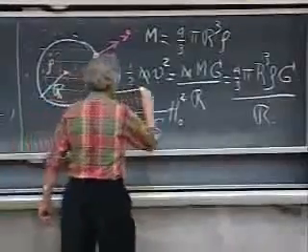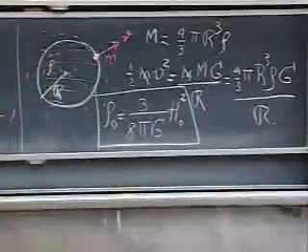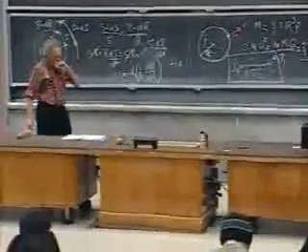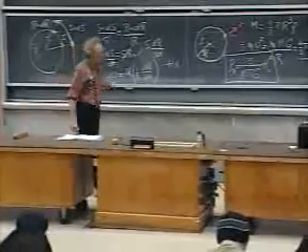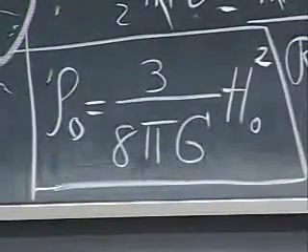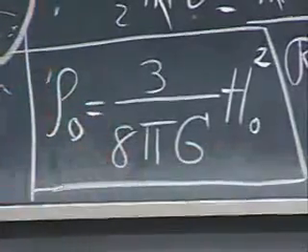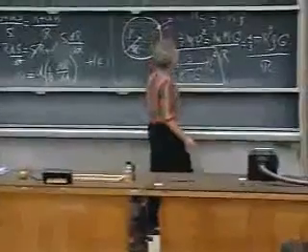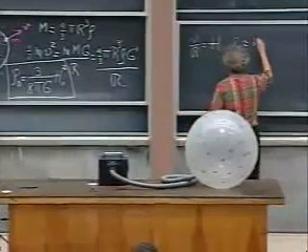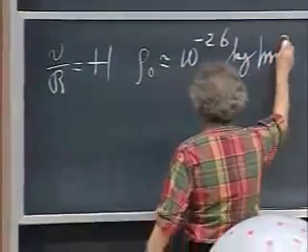This tells me that if the average density of our universe is larger than this value, then our universe will come to a halt and will collapse. We can calculate that value, because we know H0, and we think we know G, and so you will find that rho 0 is about 10 to the minus 26 kilograms per cubic meter.